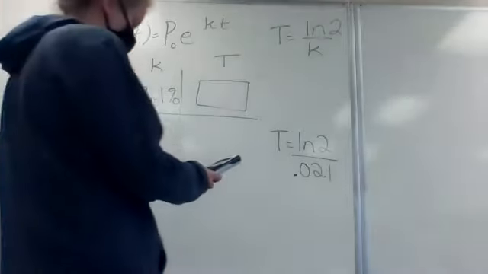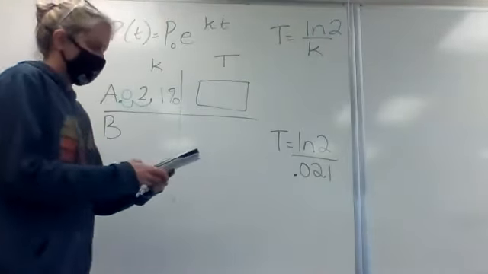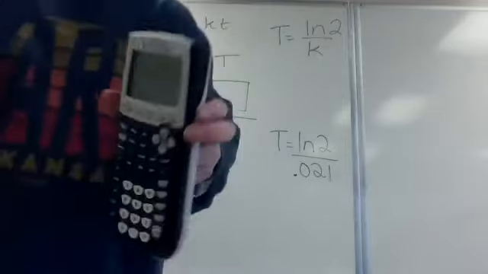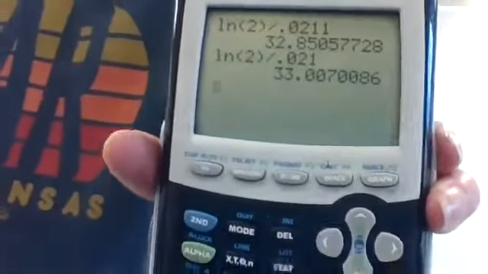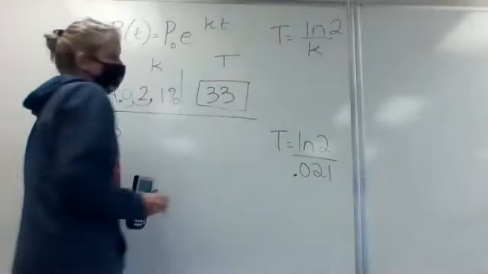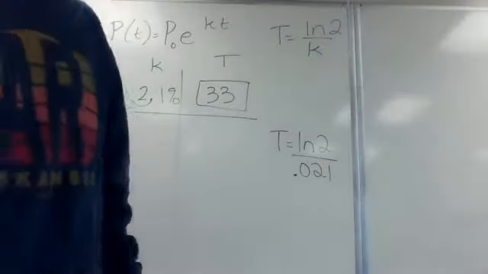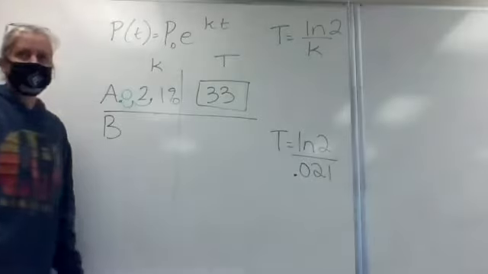So ln of 2, close it, divided by 0.021. Since it's 33.0, the nearest whole number would be 33. So it would take 33 years for the population to double if it's growing at 2.1%.